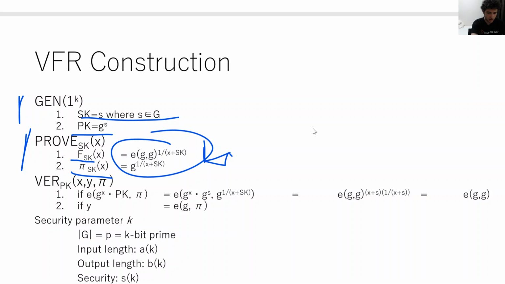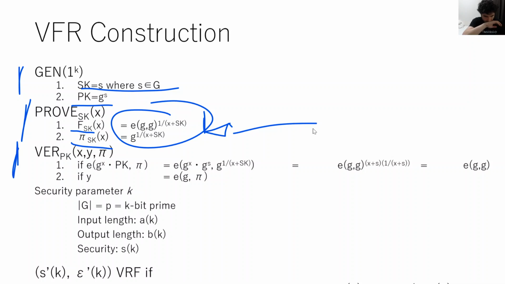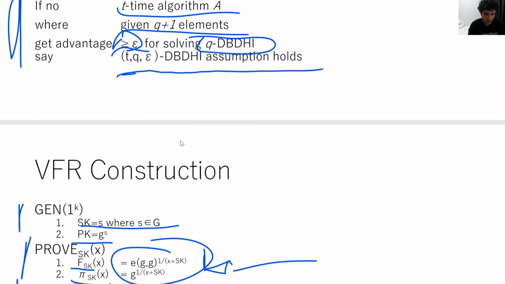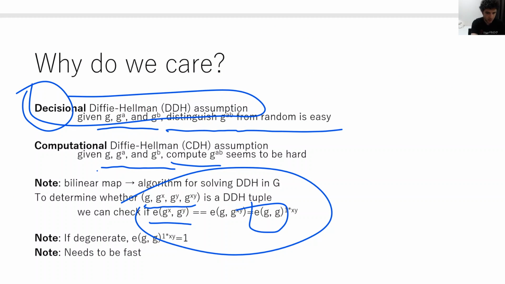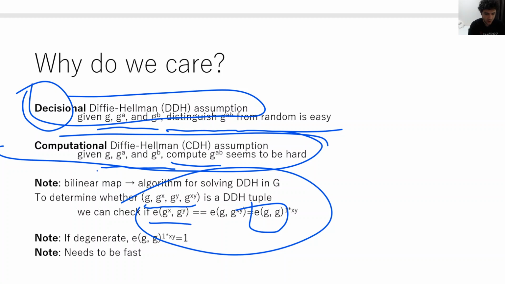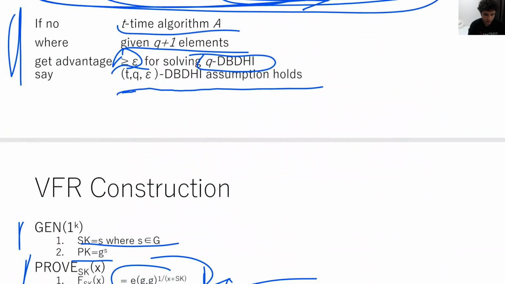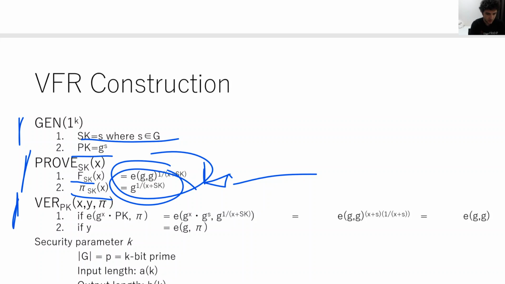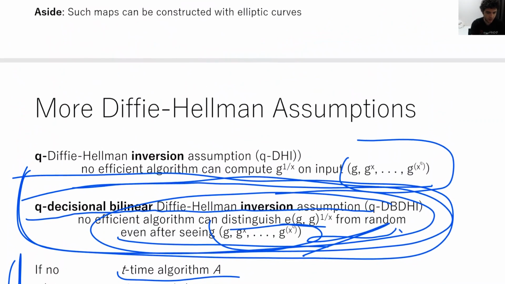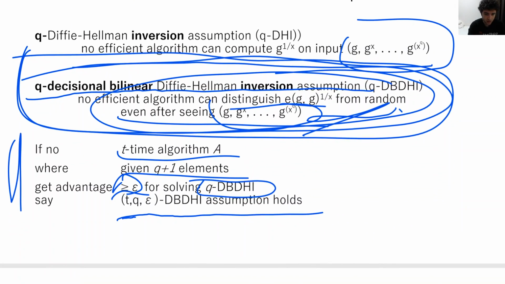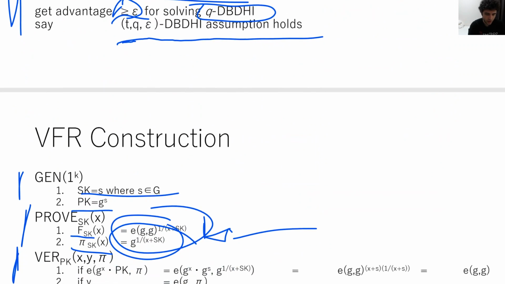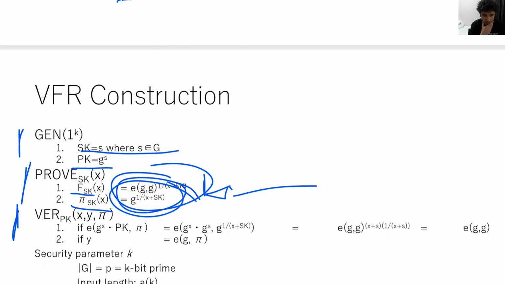Then we pick the proof such that the math works out for our verify function, and through all these Diffie-Hellman assumptions, you will not be able to easily figure out the secret key based off the value of the proof.